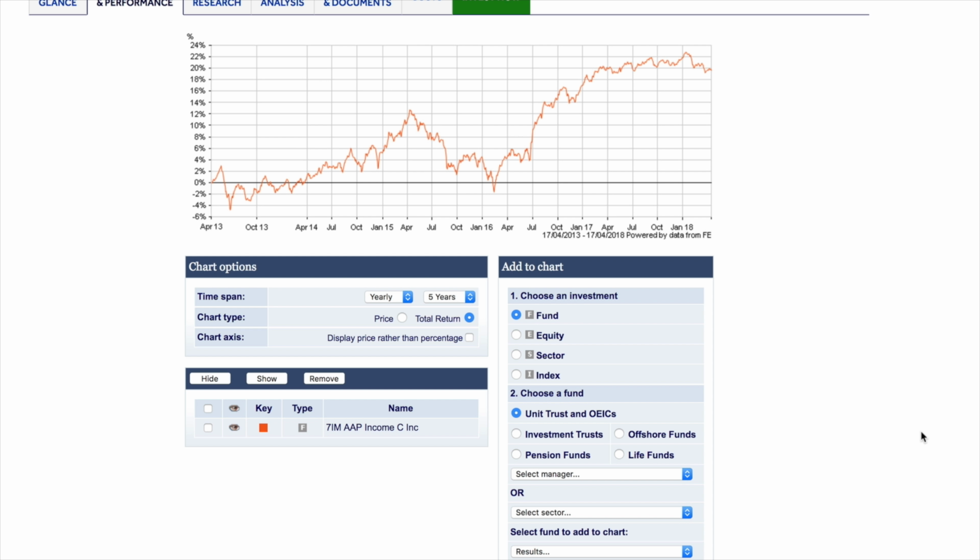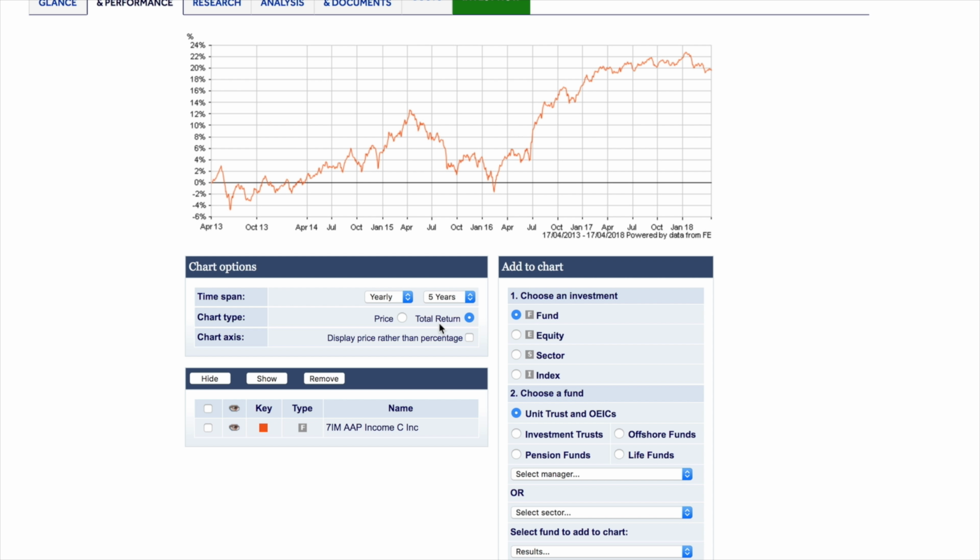One is the capital price, the value of the fund, which can go up or down, of course, and then the other is the dividends or the income produced by the fund. So we have capital and we have income. Now combine those two together and you have what's called the total return. And usually when funds quote what their performance has been over a given time scale, they're talking about the total return.